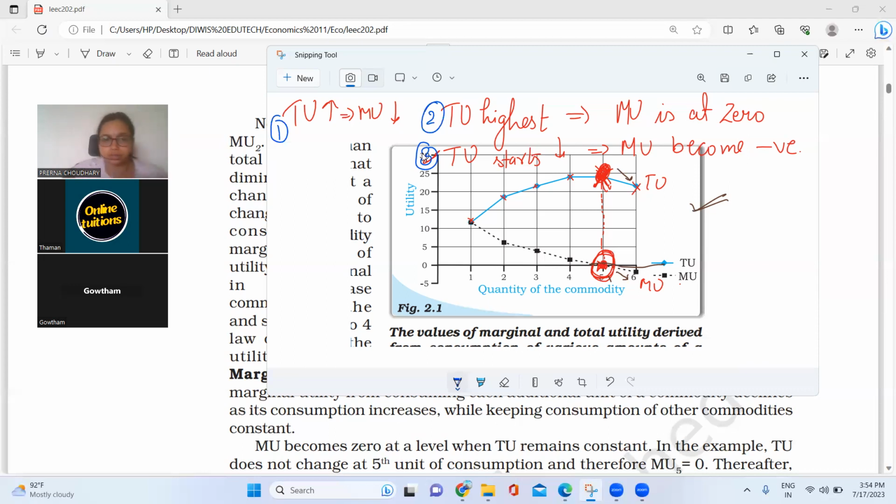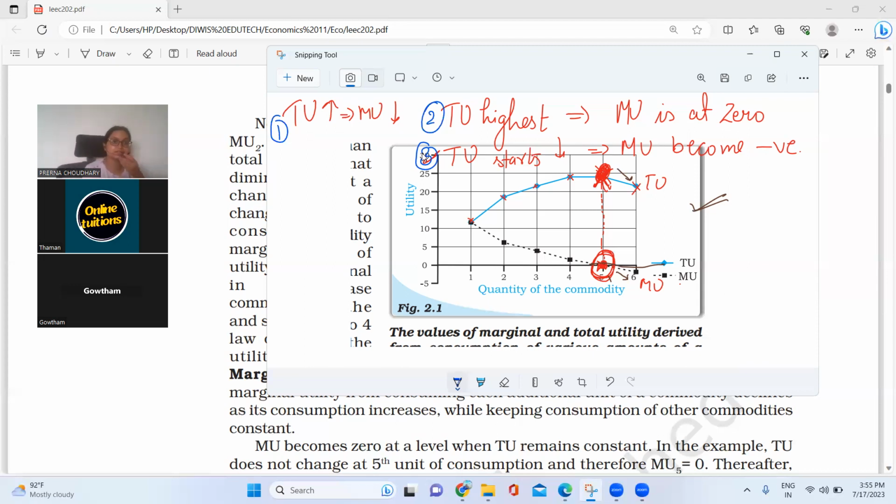Till now, you just need to understand this relation between TU and MU: when total utility increases, marginal utility decreases. Second stage is when total utility is at its highest point, the marginal utility will be at zero.